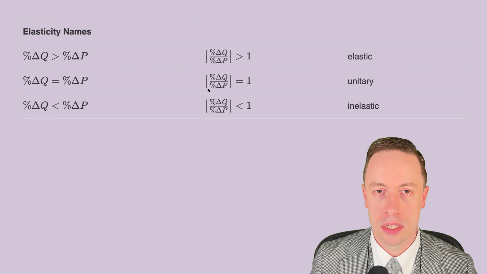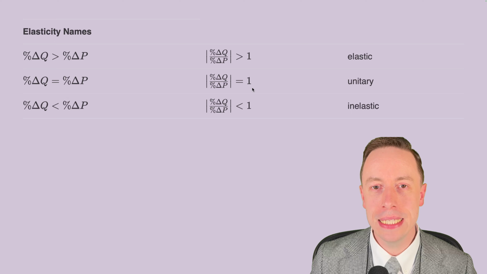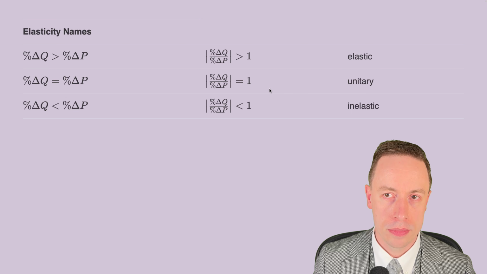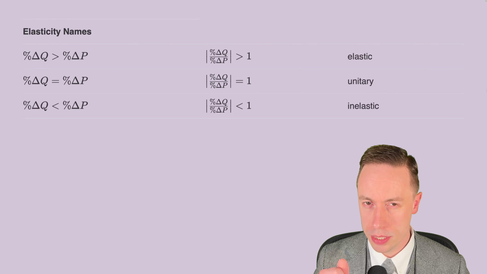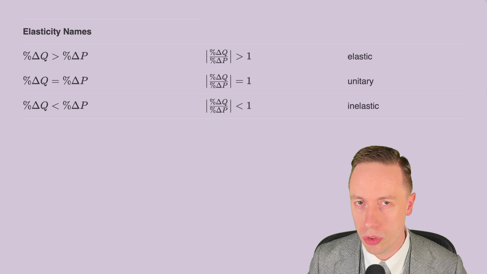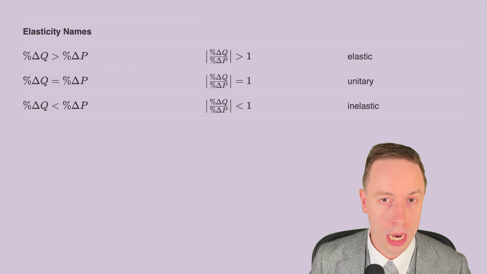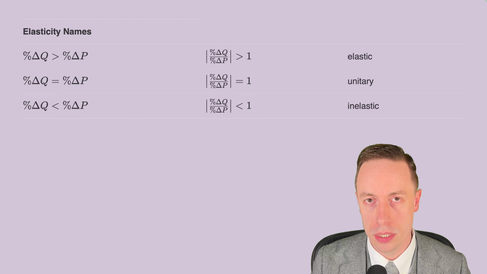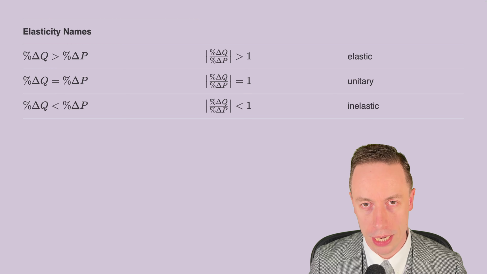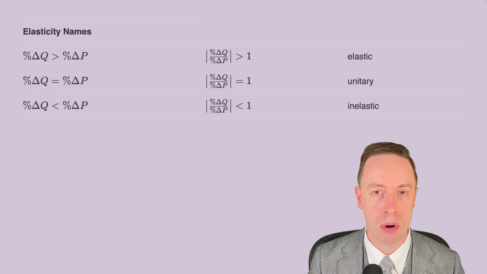If the price elasticity of demand comes out to be exactly the number 1, that's a unitary elasticity. You may recall that's one of the criteria for this measure to begin with. We want something that works out to be equal to 1 when the revenue between two points is equal. So we'll use that down the line. But everything is relative to this number 1.